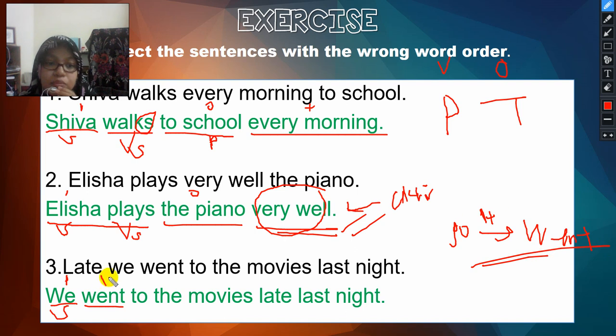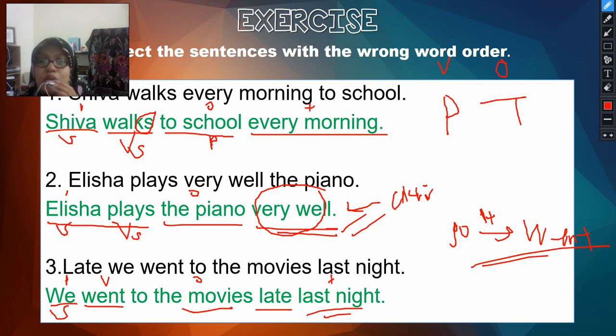Went ni apa? Verb. To the movies, object dia. Late last night. So we went to the movies late last night. Last night ni time kena akhir sekali. Late tu kena duduk dekat belakang baru time.